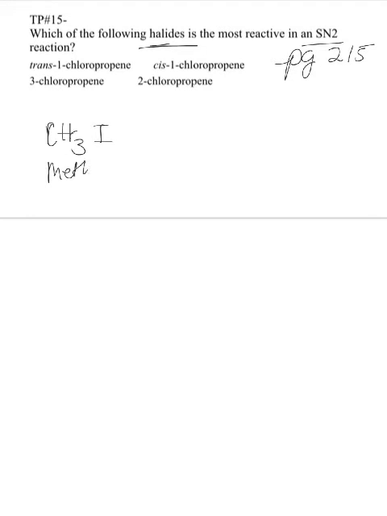Now this would be a methyl. And then you could have ethyl, CH3CH2I. If you look at this carbon that's connected to the iodide, it's connected to another carbon. So that's a primary. And then if you have an isopropyl iodide, that carbon is connected to two other carbons, so that would be a secondary.